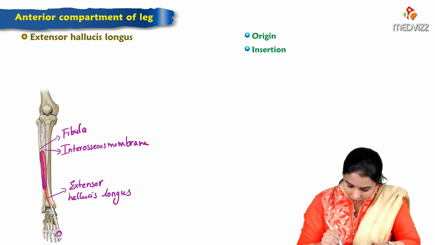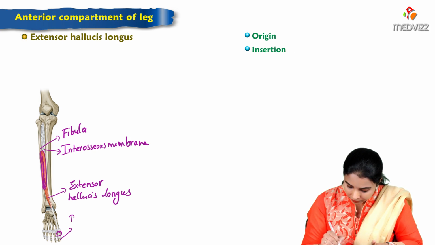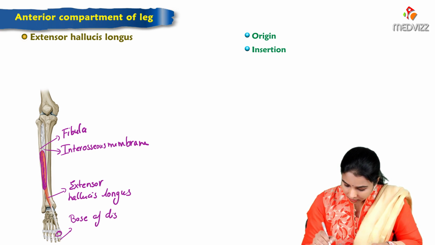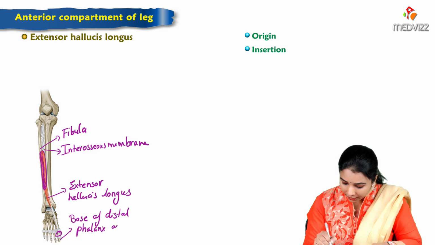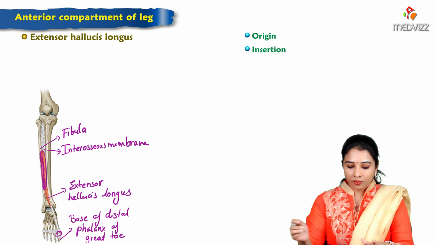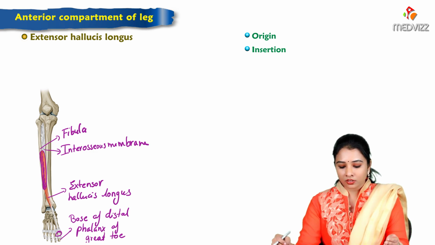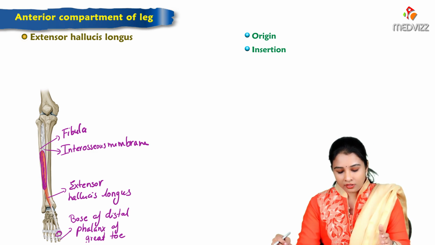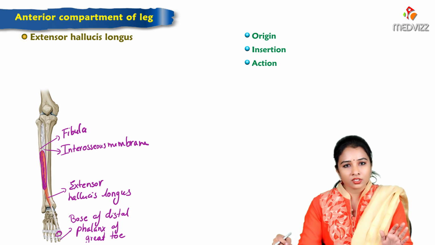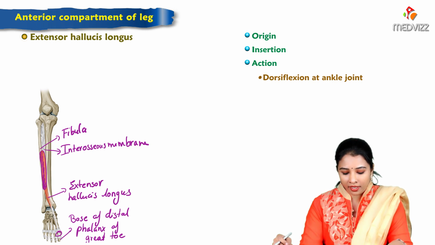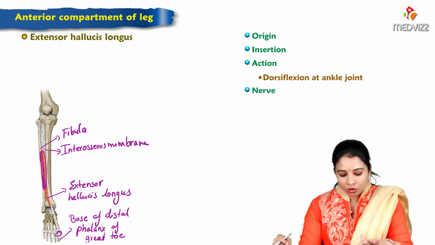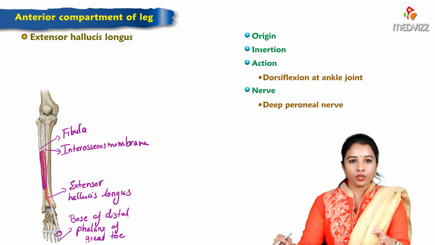It is inserted to the base of the distal phalanx of the great toe. So that is about the insertion of extensor hallucis longus. Extensor hallucis longus helps in the extension, that is the dorsiflexion at the ankle joint, and it is also supplied by the deep peroneal nerve.